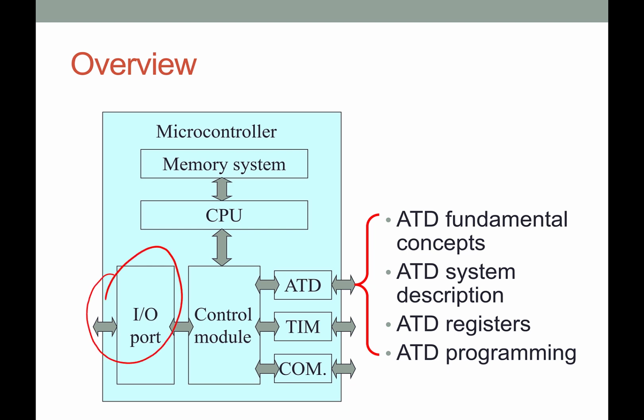Now we're going to specifically talk about the analog to digital converter: fundamental concepts related to it, the system description, and then later on the registers and programming that we will need to get data from it. Obviously you can expect in the future we're going to talk about the timers, and we may talk a little bit about the serial port communications too.